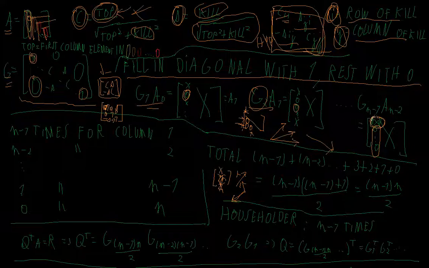And then for the first time you will need to apply n-1 rotations, because if you have an n by n matrix, your first column vector has n elements, and remember, the first element you don't kill, but everything else you kill. So you will do n-1 rotations.